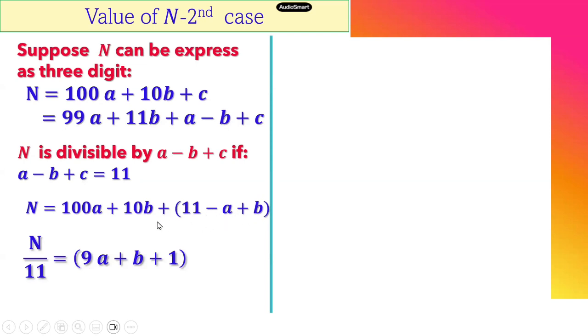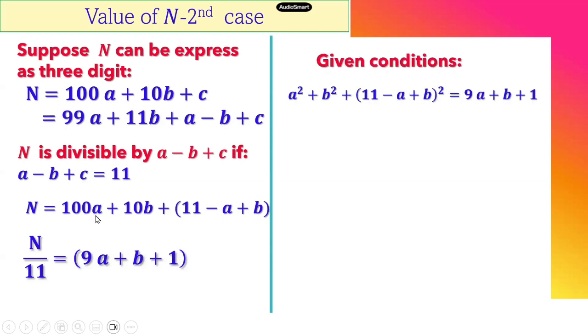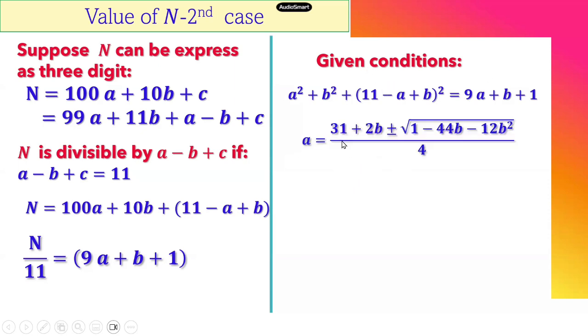So this will give us now the formulation a square plus b square plus 11 minus a plus b whole square, and this is equal 9a plus b plus 1. And then after simplification, if you solve it for a, you will get 31 plus 2b plus minus square root of 1 minus 44b minus 12b square, over.